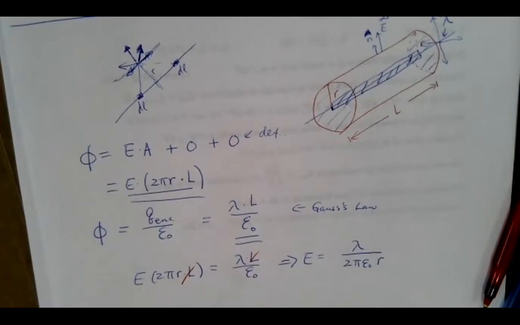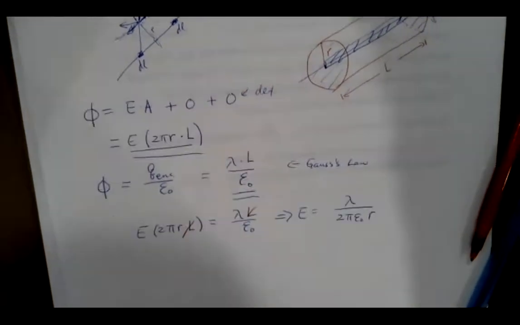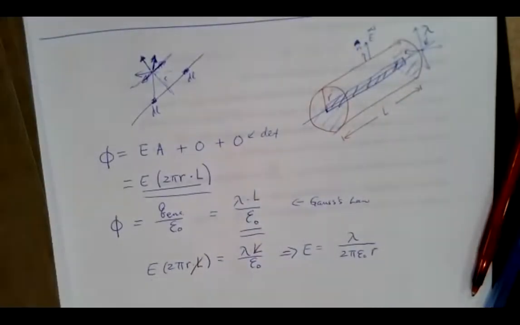And that's the magnitude you are looking for in the problem, okay? I think that should be the same as shown in the problem there. So you're looking for E equals lambda over 2 pi epsilon naught times R, okay?